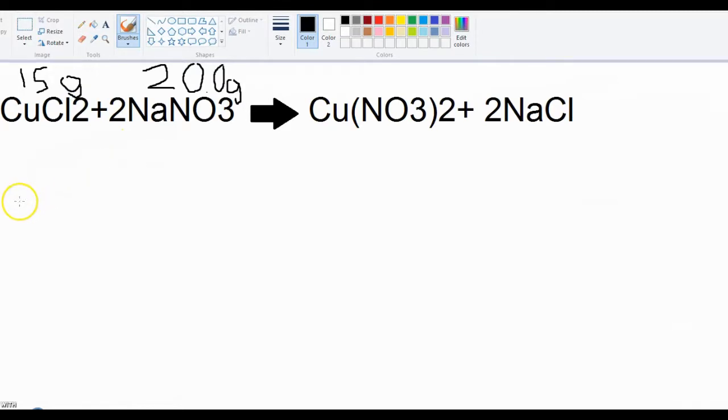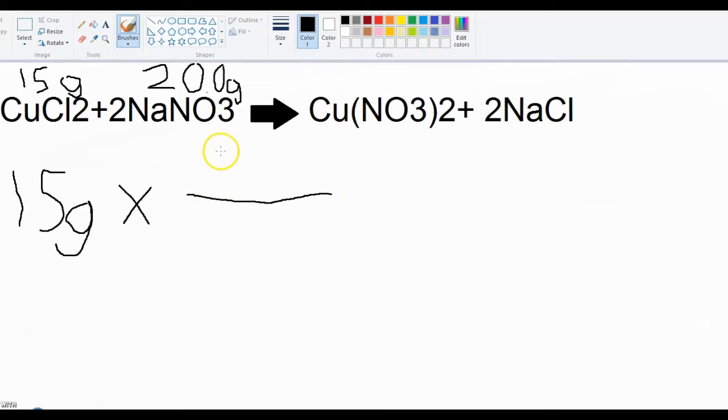The first step is, since we are given 15 grams of copper chloride, I will start with this. We are going to want to get into moles.